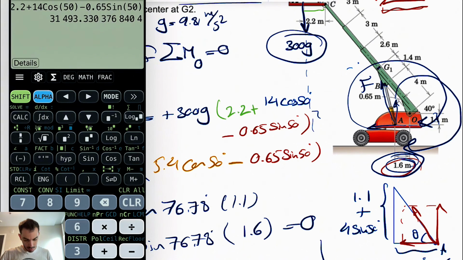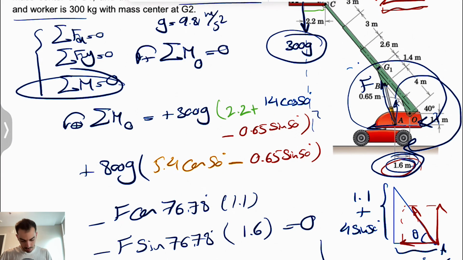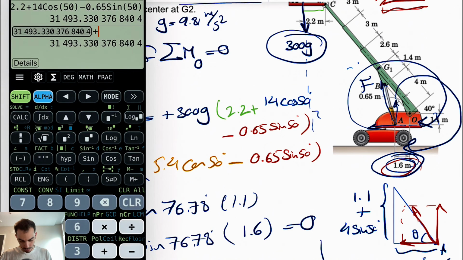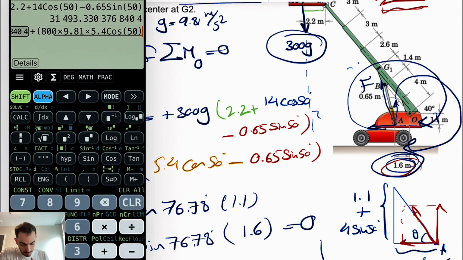That's going to be that value. We're going to add that to 800 times 9.81 times 5.4 cosine of 50 minus 0.65 sine of 50.